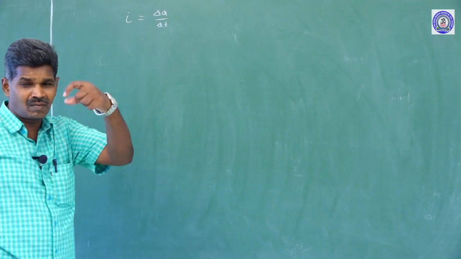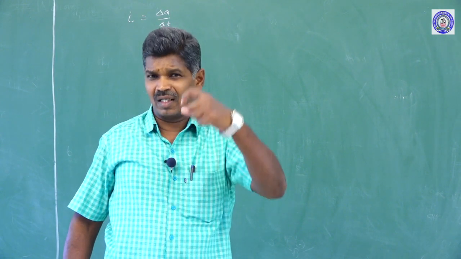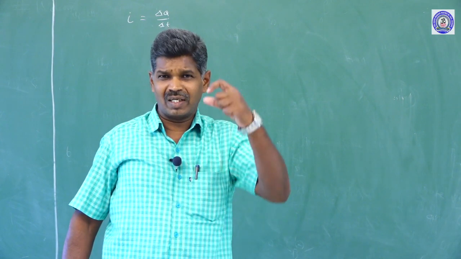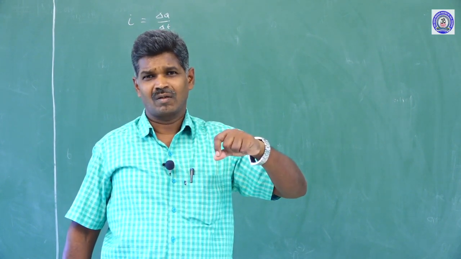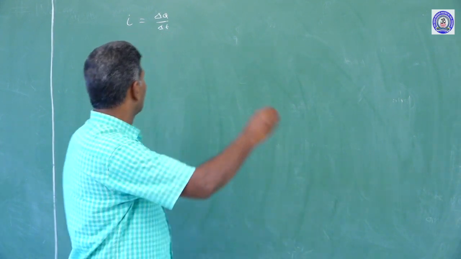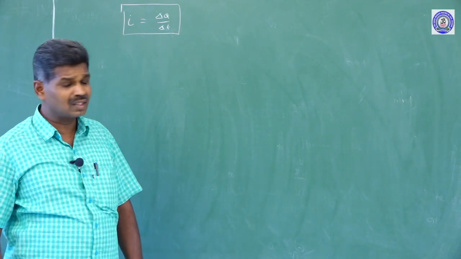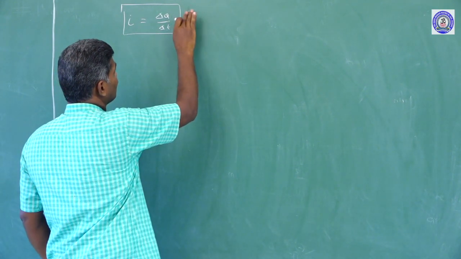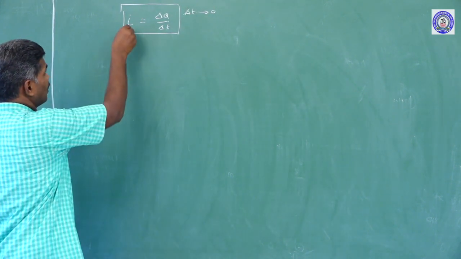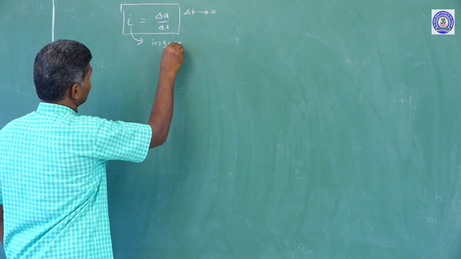In a small interval of time, del t, which can be taken almost equal to 0, a very small interval, if del q charges are crossing any cross section, then that current can be represented as i equals del q by del t, with del t almost equal to 0. This current can be taken as an instantaneous current.